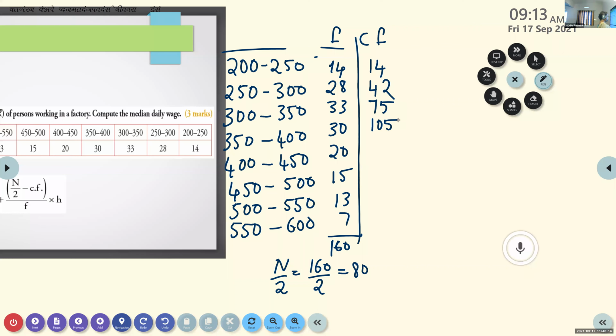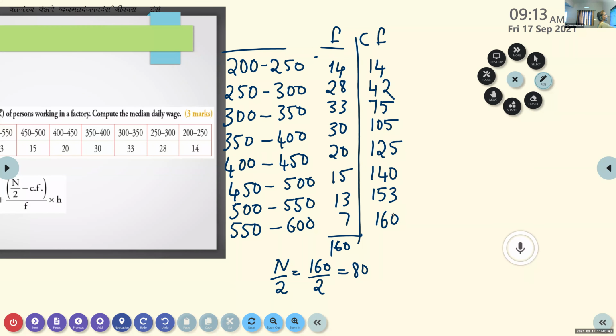Fifth one, Sayujya, 125. Vinay, sixth one, 140. Krishnakanti, next one, 153. And Alan, last one, 160. So we got the cumulative frequency.